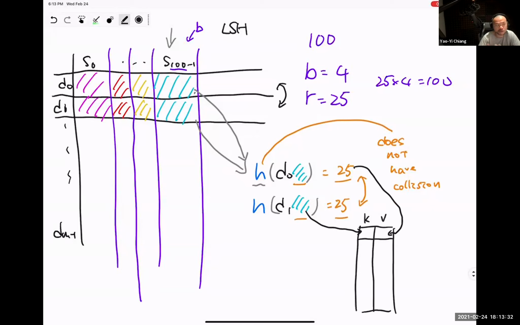When you use Python, there are libraries that you can use for this because all these bands are just strings. And we say r is equal to 25. So the band here would be a string of 25 components. First component, and this is the 24th component.